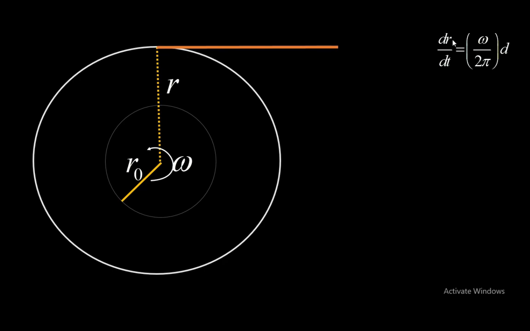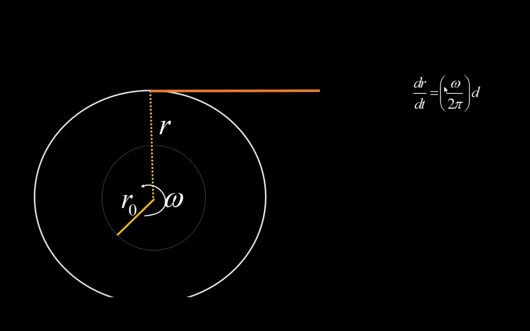So for that, first see omega over 2 pi is the frequency, means these many turns will be wrapped in 1 second, omega over 2 pi, and these many turns will increase the radius by how much amount? So if the width of tape is d, then number of turns into d. So this much thickness will increase, and that will be the rate of increase of the radius.